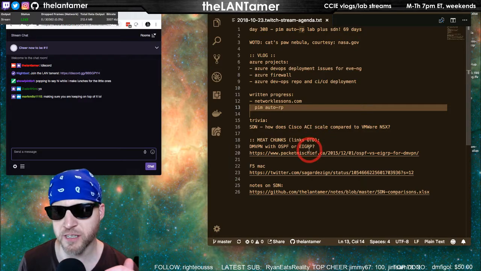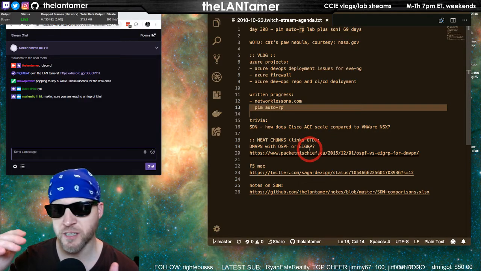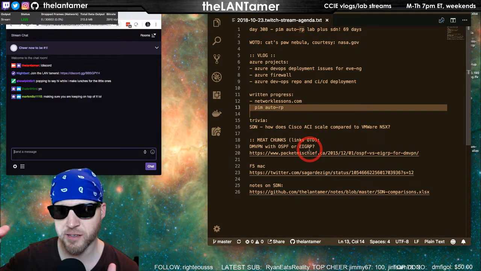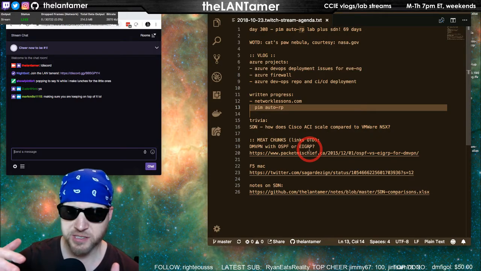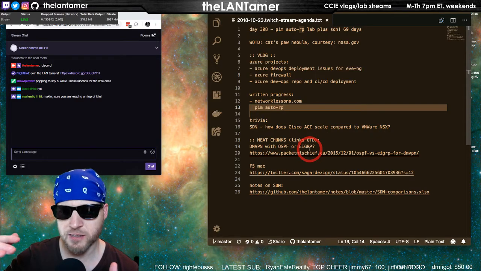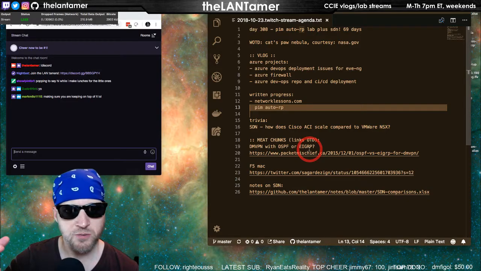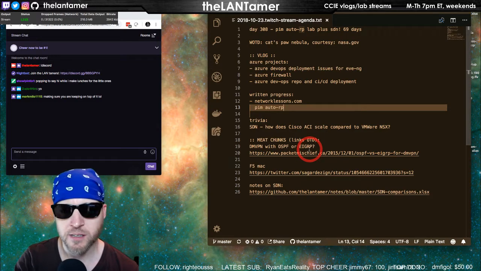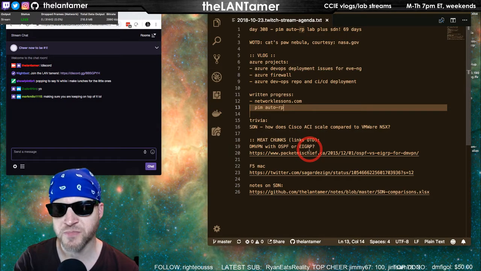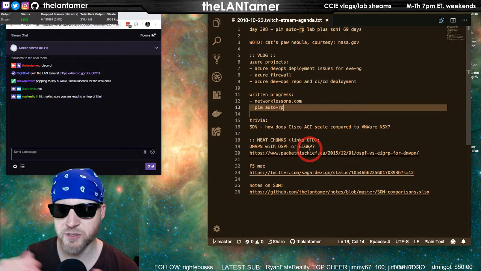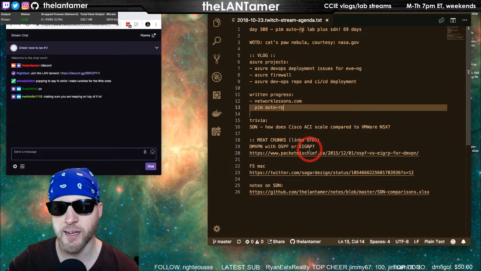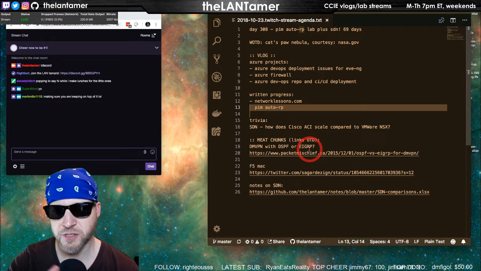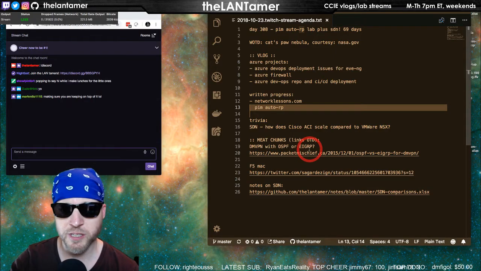Eventually I'm going to end up with two tiers. I'm going to end up with a really big tier, like the biggest EVNG server I can make, which would be expensive by the hour, right? And then I'm going to end up with the actual reasonable cheapo server that I can use. So I'll have two servers. I actually probably have more than that. I might have three or four different servers that I can easily redeploy.